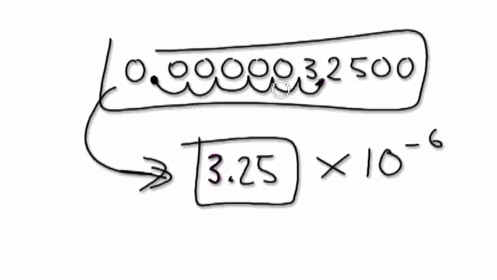So to convert this number here to here, it would be 3.25. You should just ignore the zeros here, because they're after the decimal point.